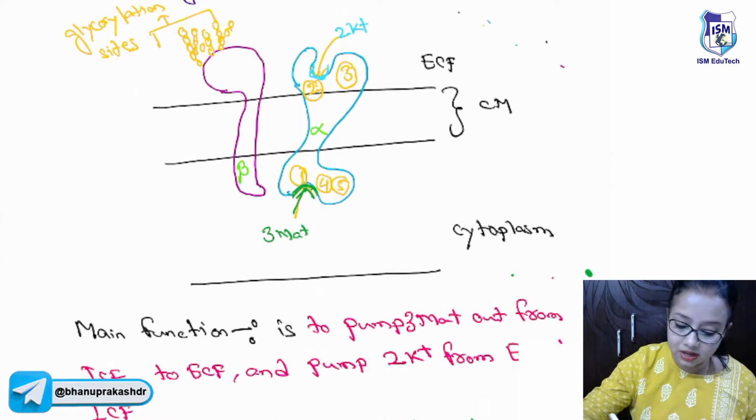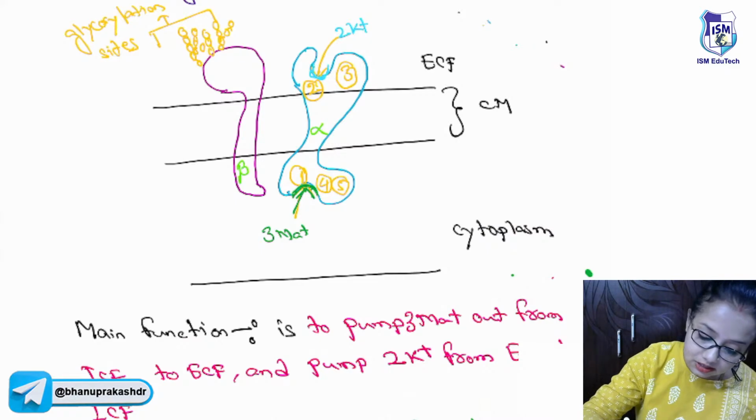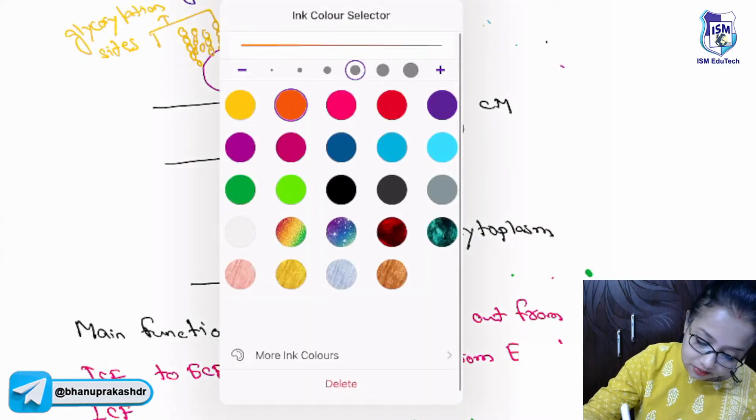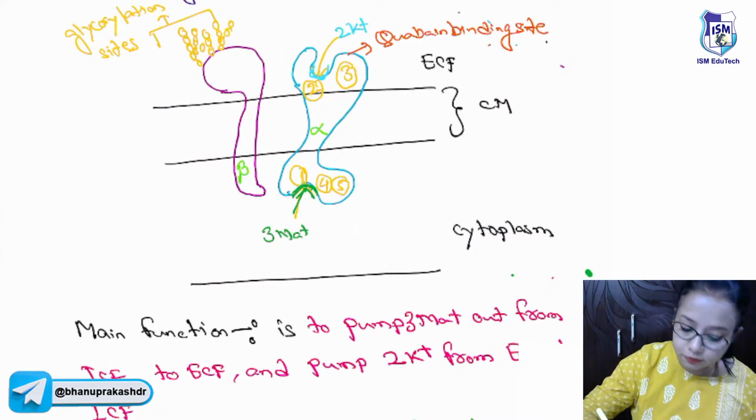Now, apart from that, very close to this potassium binding site, you can see that this site is actually the covalent binding site. Okay, and 4 is the phosphorylation site and 5 is the ATP binding site.